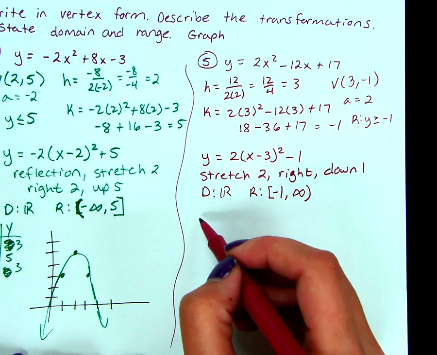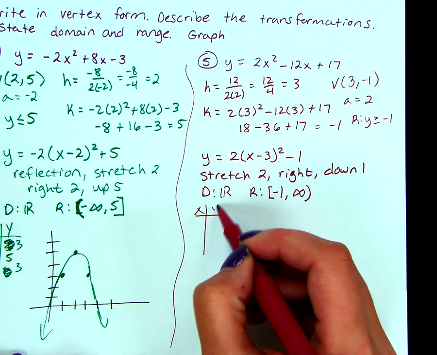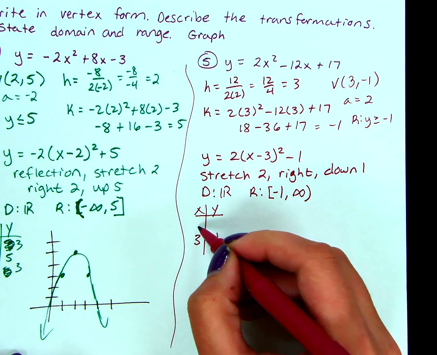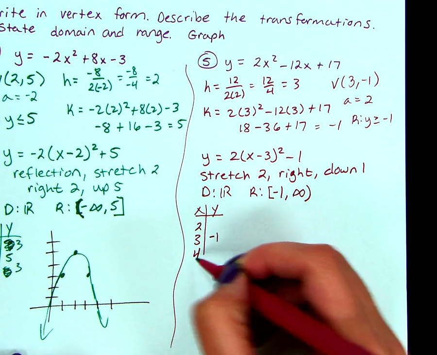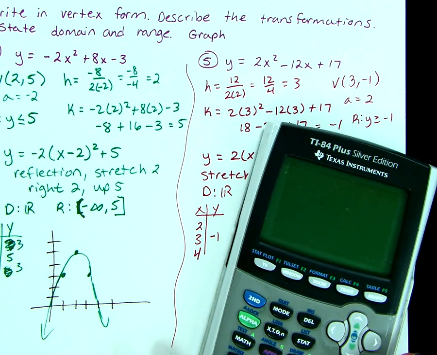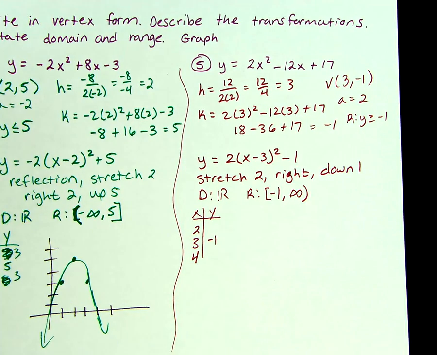And then to graph, we need the t-chart. So vertex is 3, negative 1, and then we will choose 2 and 4. Okay, so again, I'm just going to use my calculator to help. So if I plug 2 in for the x's, we would have 2 times 2 squared minus 12 times 2, and then plus 17. Okay, so that's going to be 1.